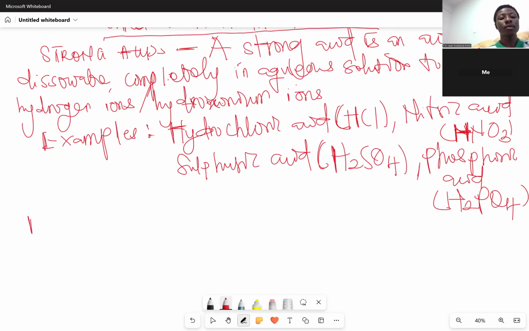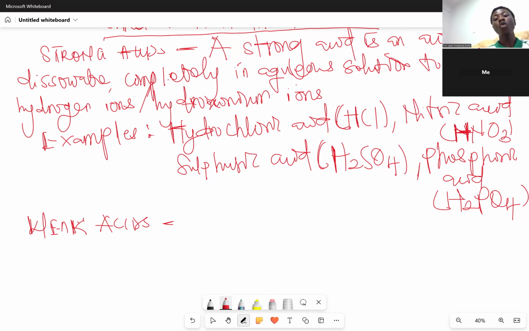Weak acids. Can someone try? They are acids that will not dissolve completely in an aqueous solution. If you say they dissolve completely, that's the same as strong acids. They do not.